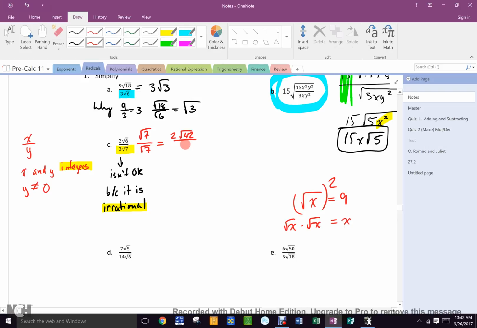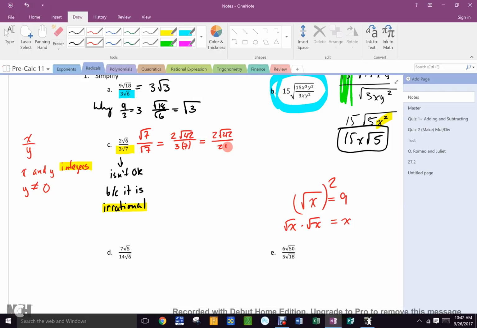Root 7 times root 7 is root 49, which is 7. And then what's that 3? I got to keep that 3, don't I? So now, simplify that. 2 root 42 over 21. Is everybody cool with that? Does everybody see what I did?